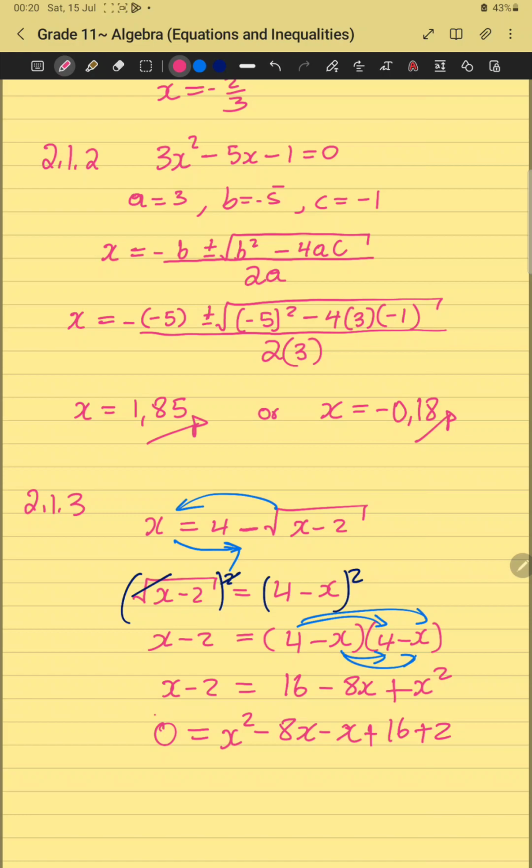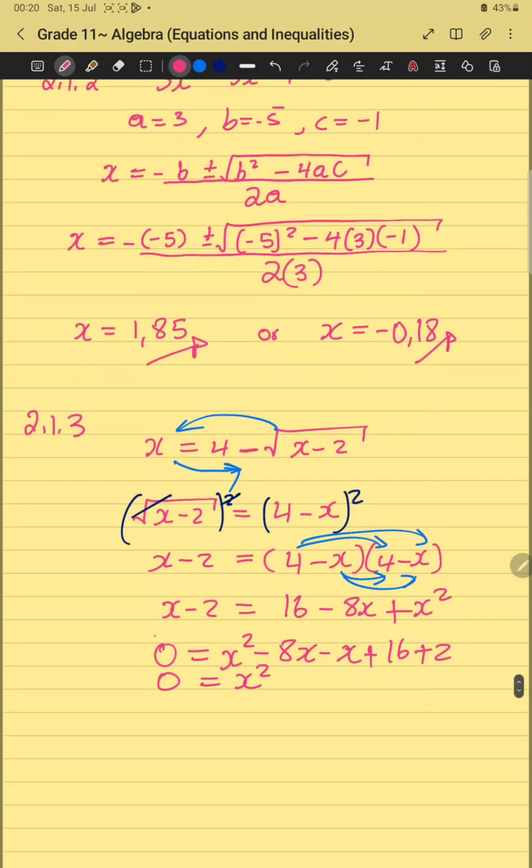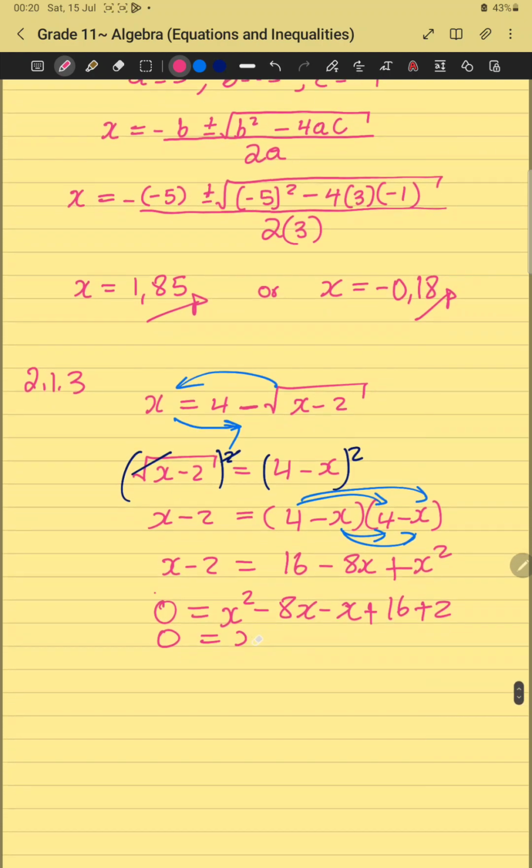Then we add like terms, so it's going to be x squared, and then 8 plus 1, remember there is a 1 here but there is no need to show that one. So 8 plus 1 must be negative 9x, and 16 plus 2 must be plus 18. All right, then from here we find the factors of 18.